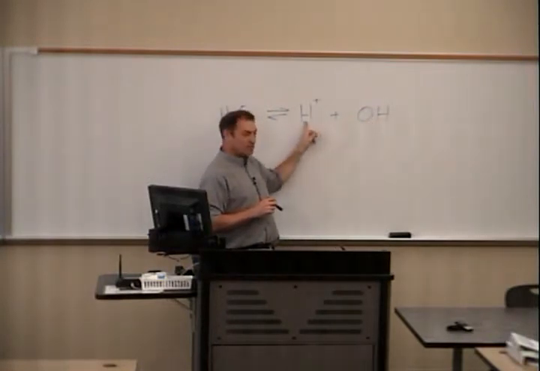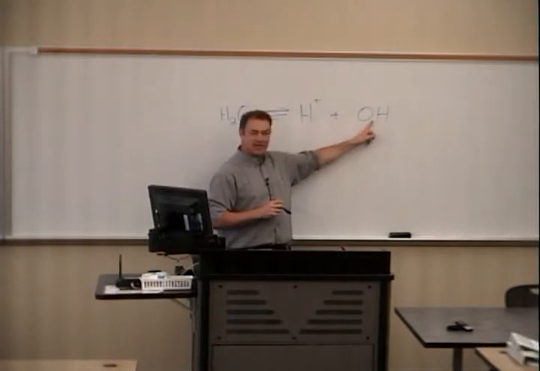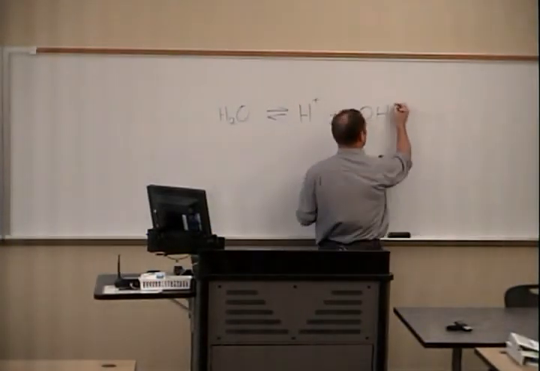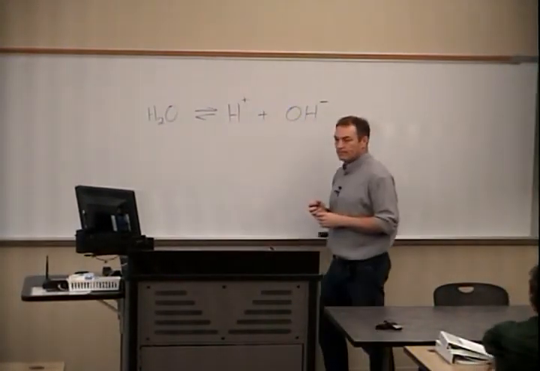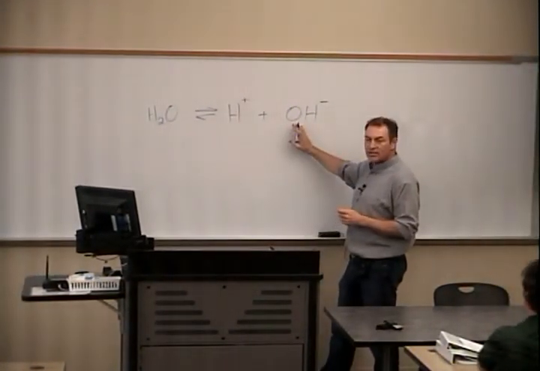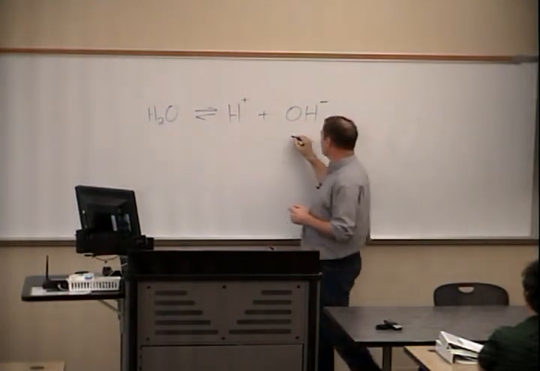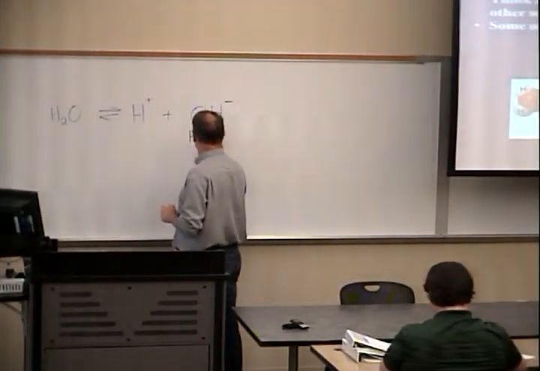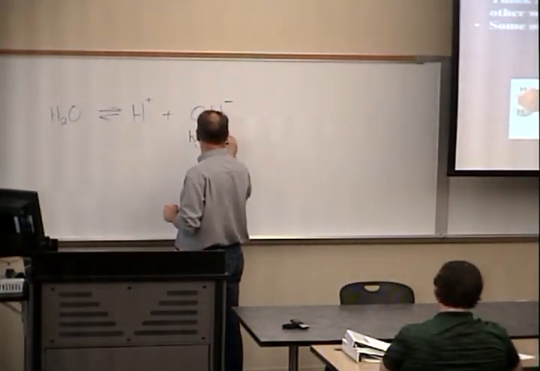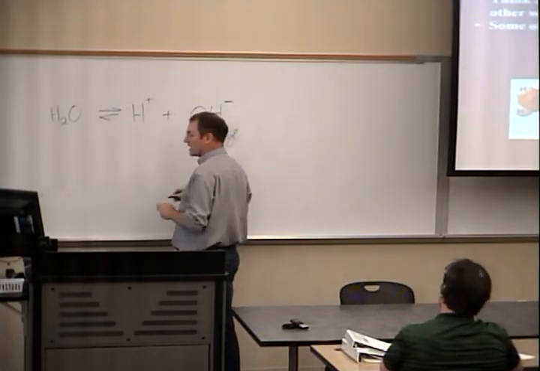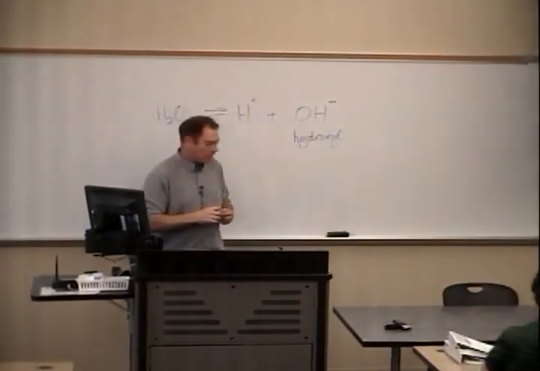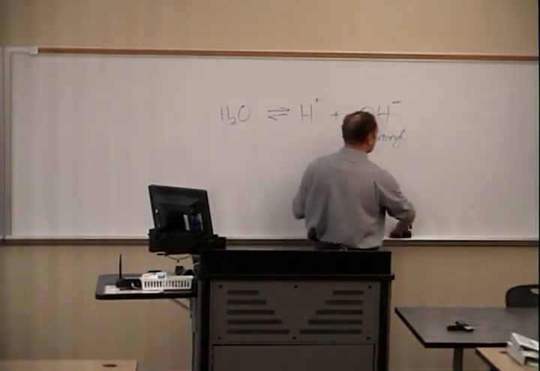That's why it's got 1 positive charge. So if it's left its electron behind with these, what's the charge on this ion? Negative. 1 negative, because it's got 1 extra electron. And we call this a hydroxyl group, or a hydroxide ion.